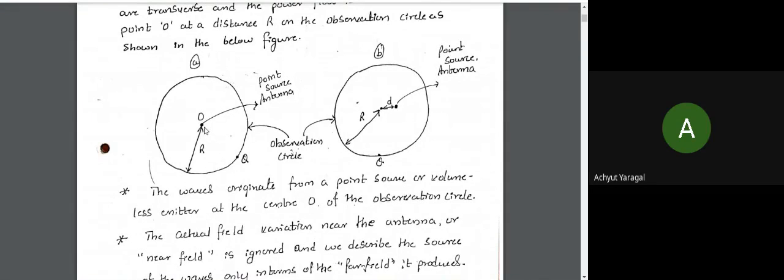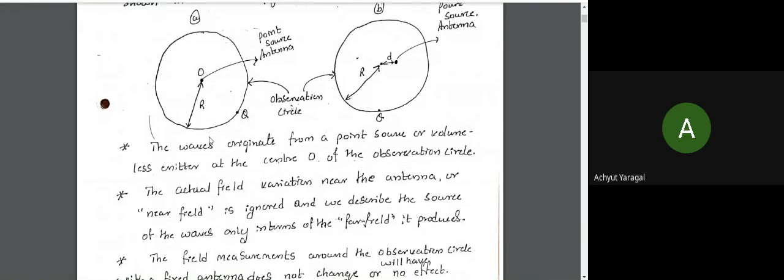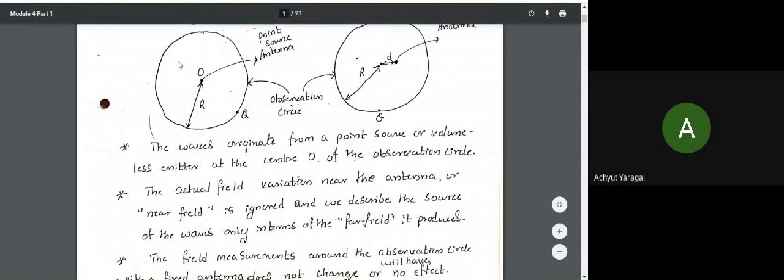Whatever energy or waves are generated by the point source, which we can also call a valueless emitter, is placed at the center of the observation circle. Near the antenna, we usually ignore the variations in the near field of the antenna.